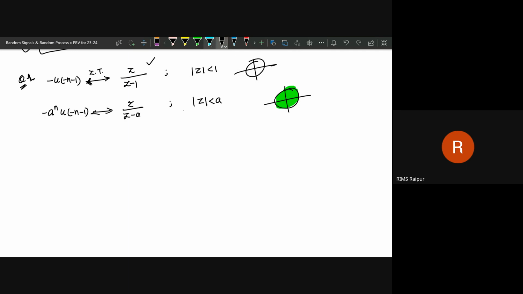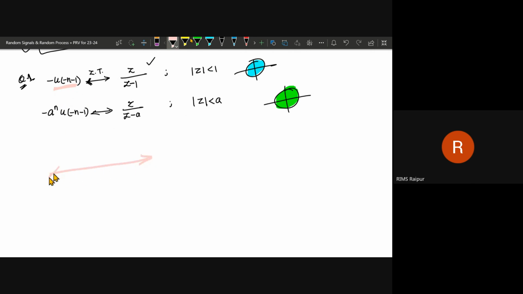Whereas in the right sided signal, we will get ROC outside the circle. So basically, here if you plot this sequence, you will find that these are left sided sequences.